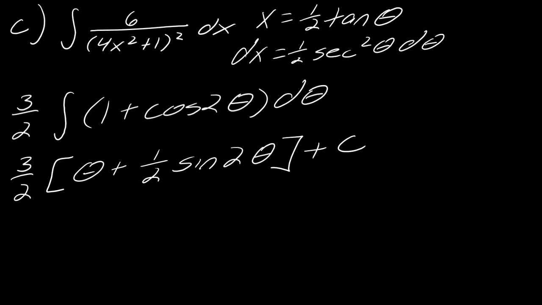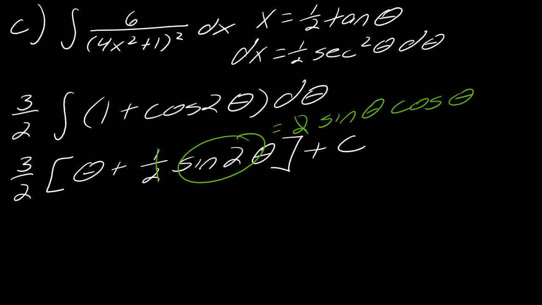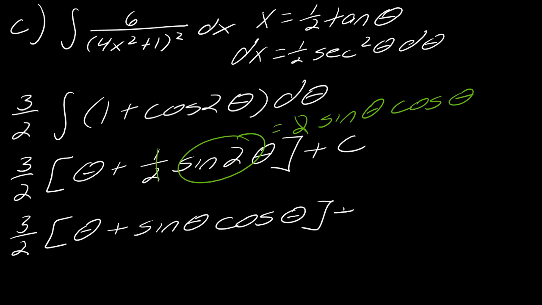And so there is a property of trig identities that is helpful to remember at this point, and that is that sine of 2 theta is going to be equal to 2 sine theta cosine theta. This is something that you are going to use from time to time. So as a consequence, the 2 and the 1/2 cancel out. So I'm going to rewrite this then as theta plus sine theta cosine theta.